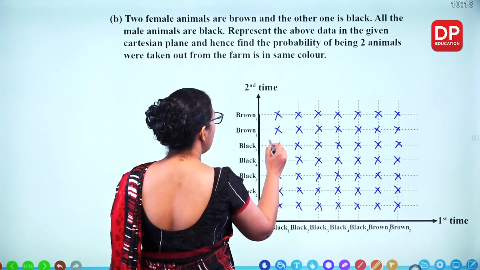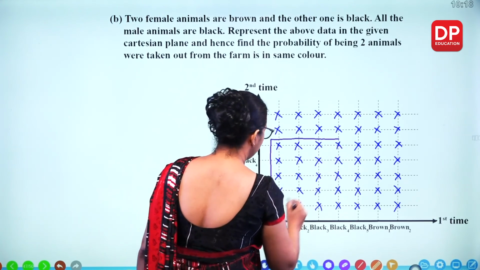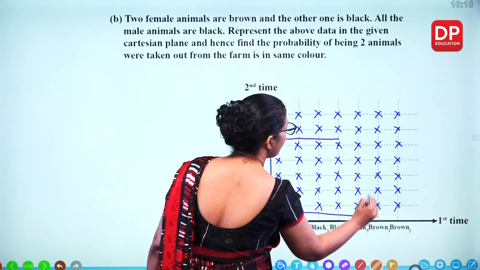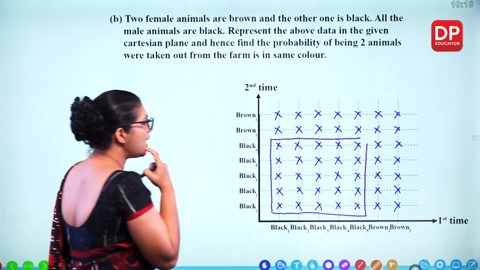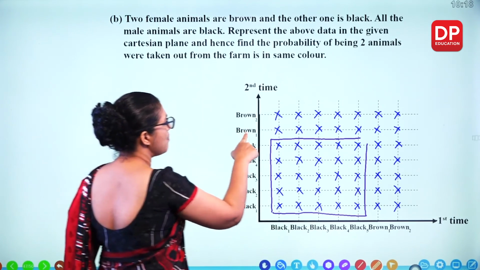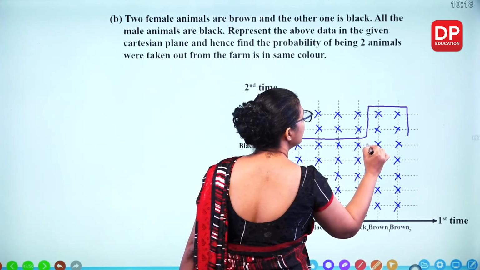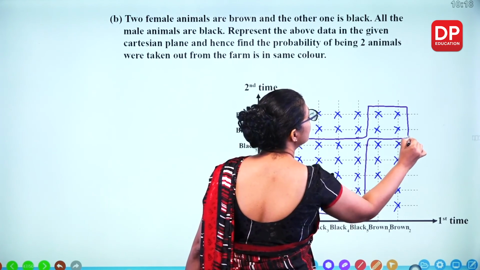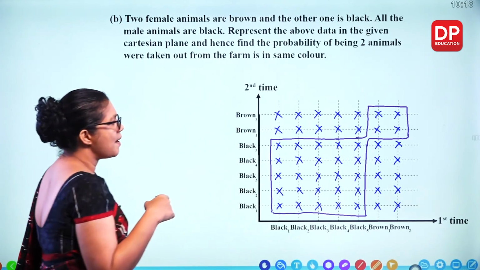So this whole area you can take, black with black. And then brown with brown, same color. You can get these 4 possibilities as well. So this is the probability of getting the same color.